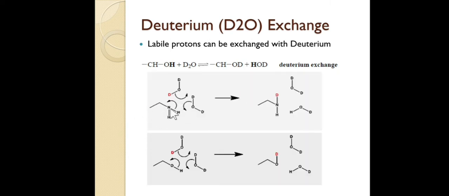We have this ethylamine, and when we place the deuterium in the sample tube, this NH proton is exchanged with deuterium, and we get ND instead of NH. Similarly, this is the ethanol molecule, we can exchange this proton with the deuterium and we finally get CH3CH2OD.